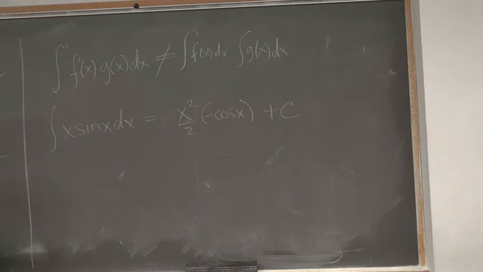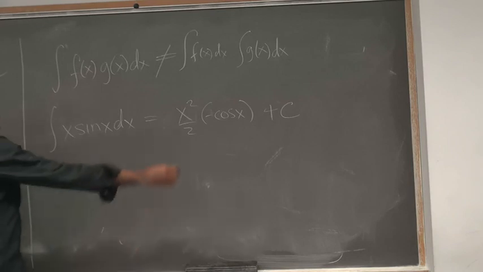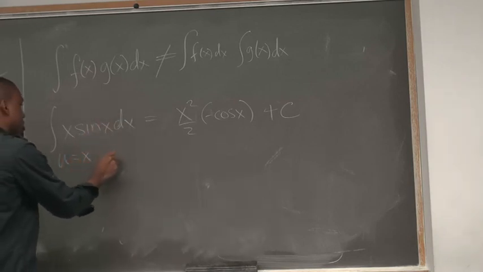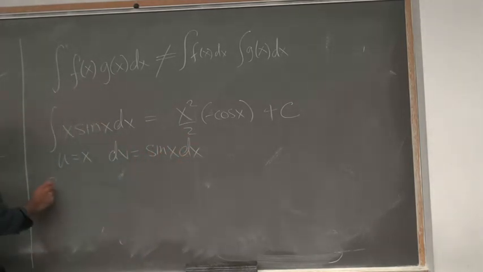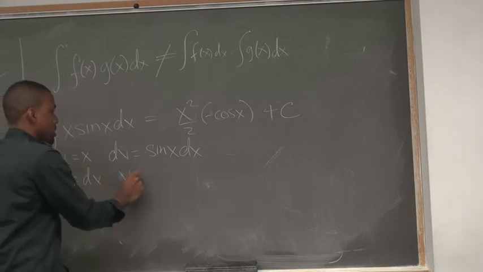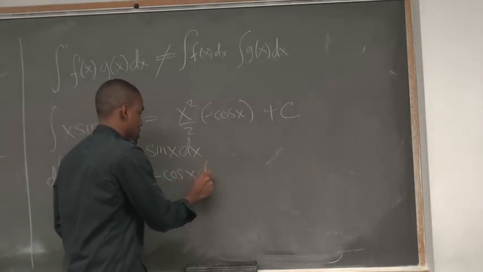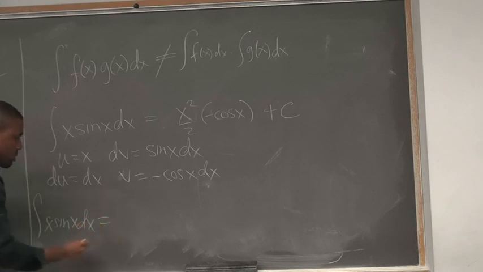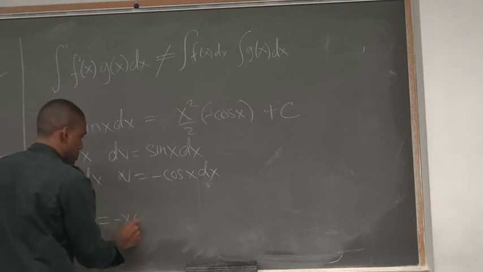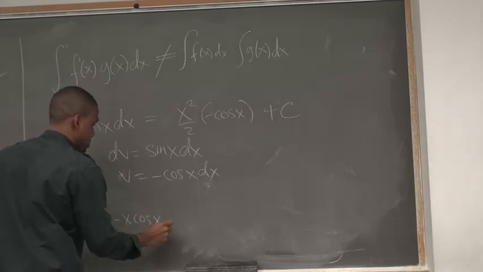How do you actually integrate this? Integration by parts, right? u equals x, dv equals sine x dx. Your du would be dx, your v would be minus cosine x, and then you do uv minus integral of v du.